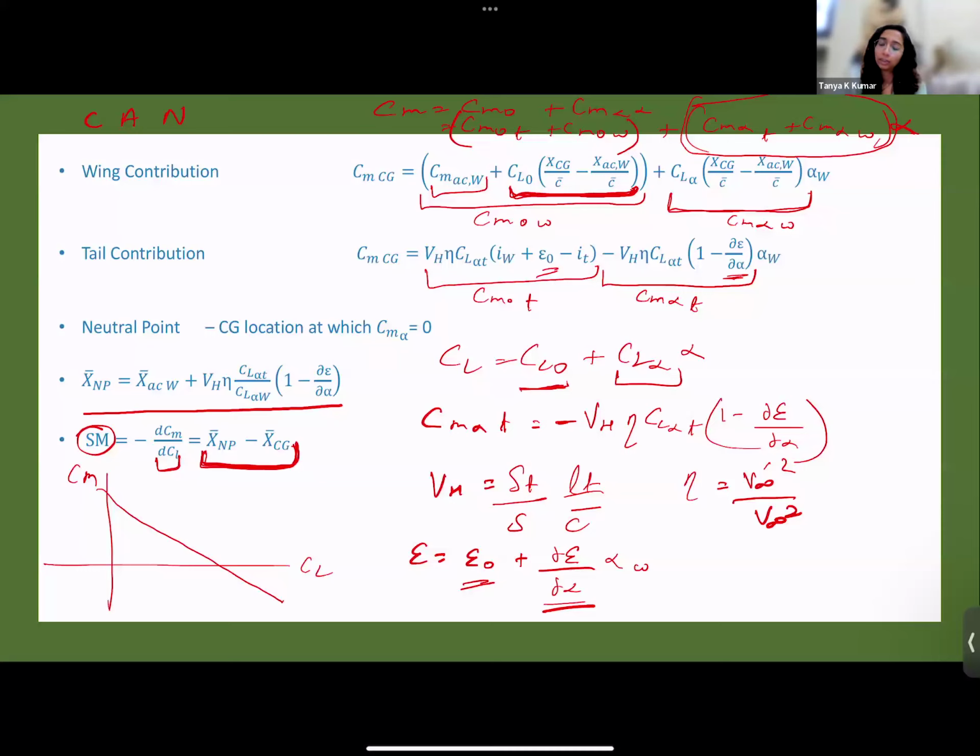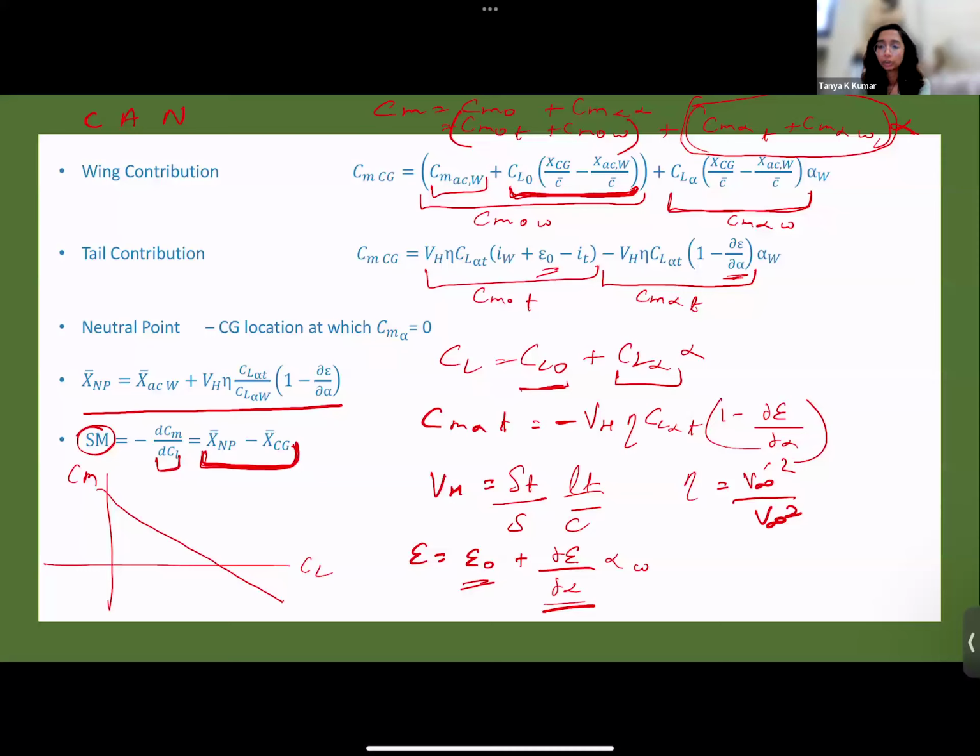So is there any term that relates to the control surface? There is no term that comes from the control surface, right?